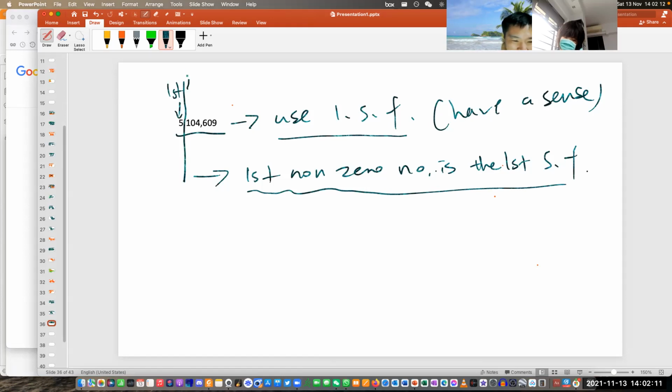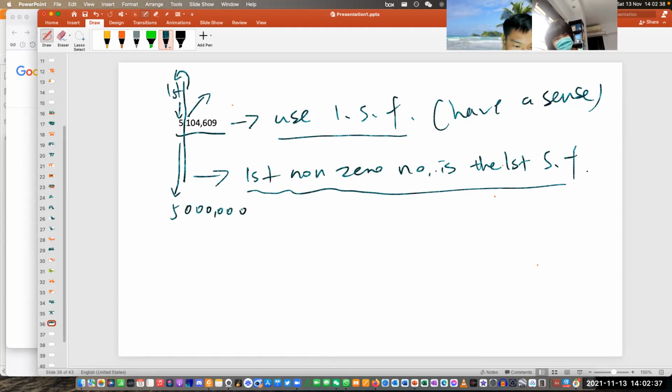Then you ask yourself whether you need to add 1 to the first number or not. The next digit is 1, so no need. That means your 5 stays 5.